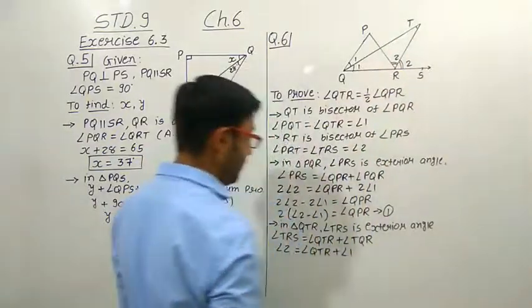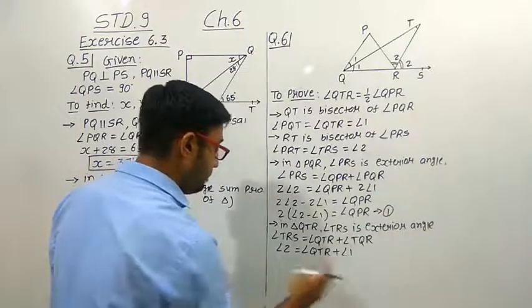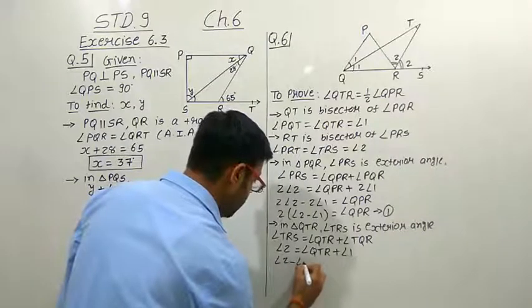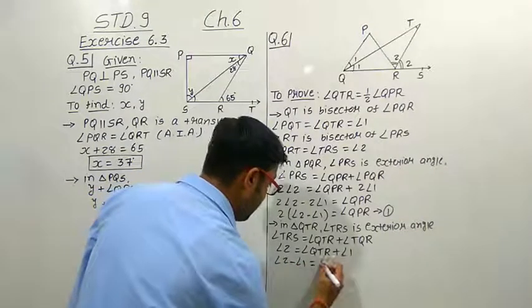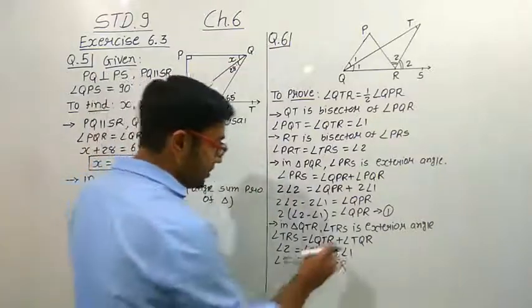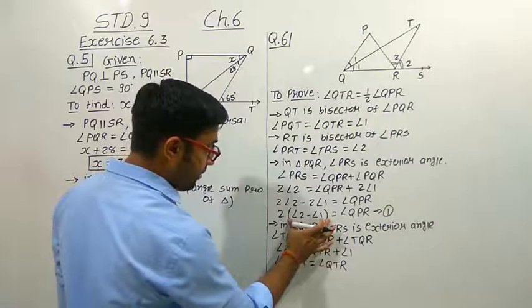Okay, so now when we take angle 1 to the left hand side, what will happen? Angle 2 minus angle 1 will become equal to angle QTR. Now see, in equation number 1, here also we have angle 2 minus angle 1.